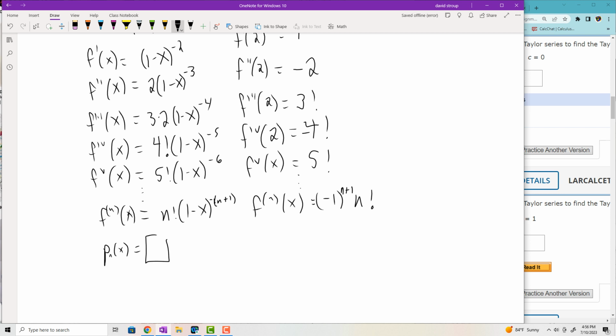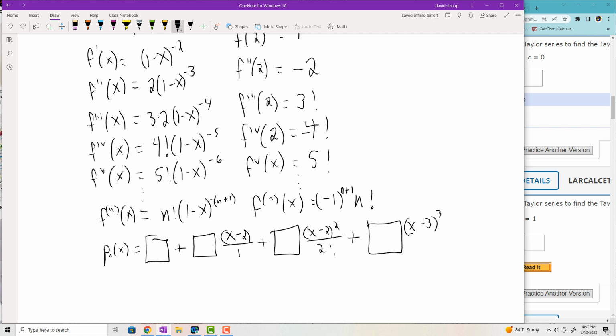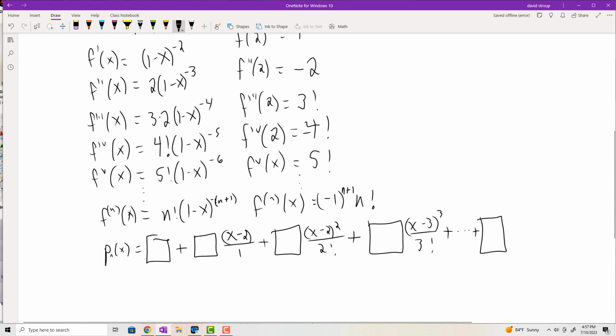It would have been blank times 1 plus blank times x minus 2 all over 1 plus blank times x minus 2 squared all over 2 factorial plus blank times x minus 2 cubed all over 3 factorial plus etc. And then we would go all the way up to the nth version. So I have x minus 2, it's always 2, to the nth power all over n factorial.